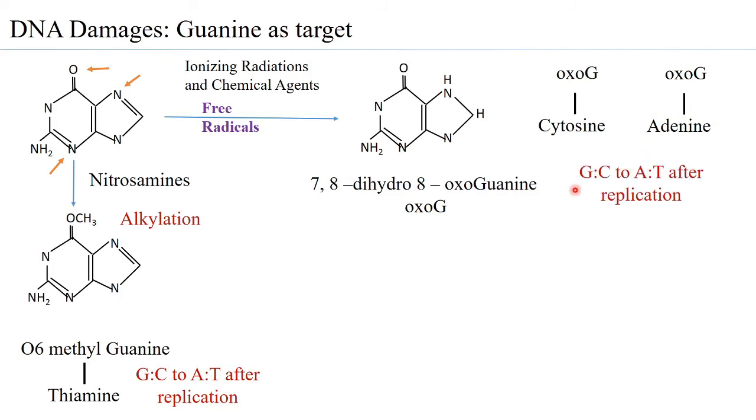Therefore, in this case also, a GC base pair will ultimately after replication become an AT base pair, which is definitely a single point mutation. What is also observed is such mutations have been commonly found in many human cancers.